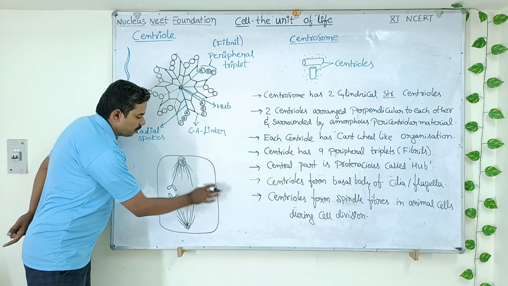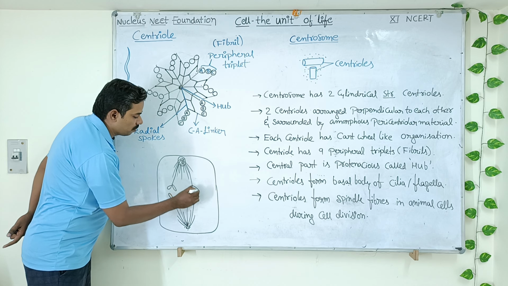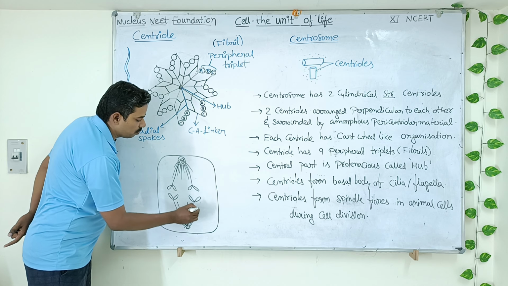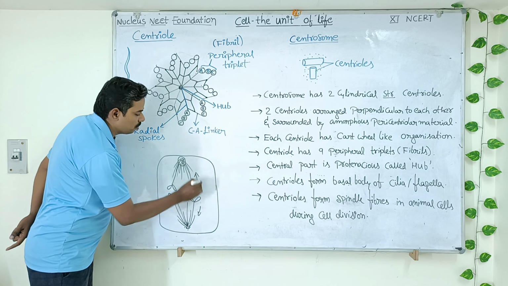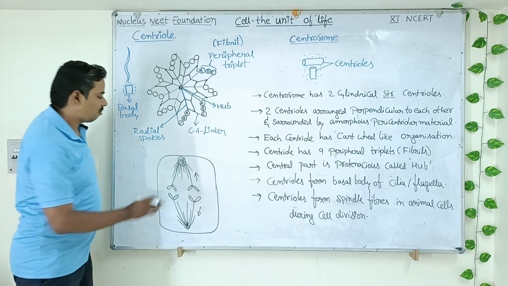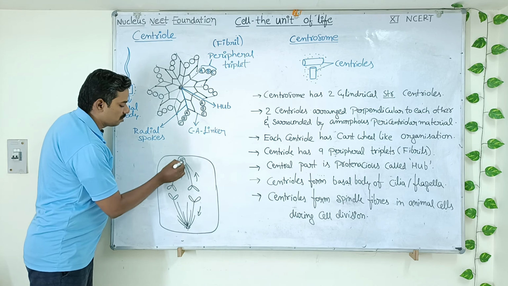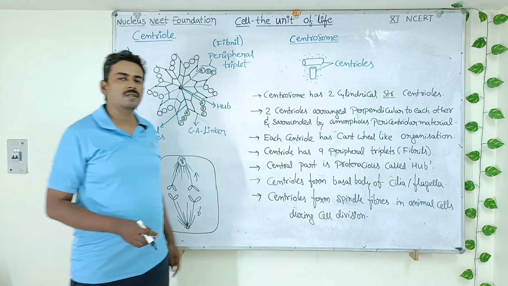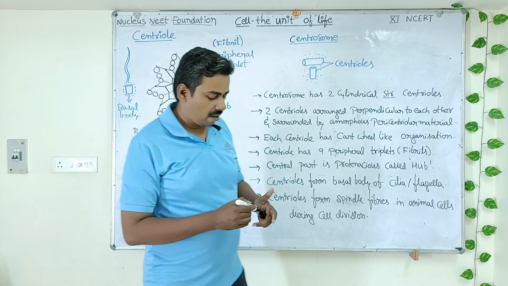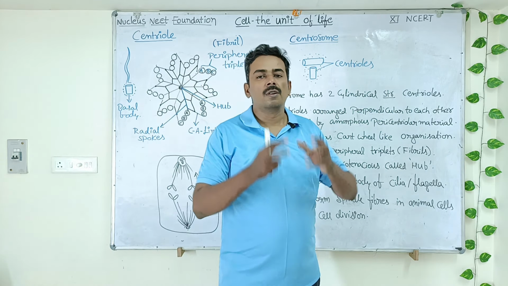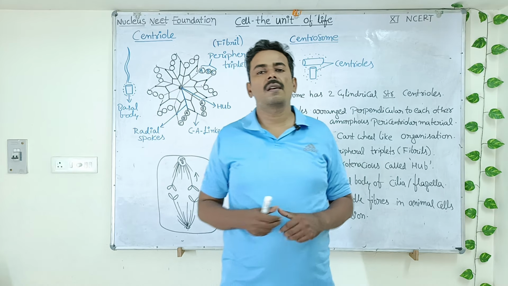Each chromosome will split to form 2 chromosomes, and these newly formed chromosomes start migrating towards opposite poles. So this is the function of the centrosome. They help in formation of the spindle apparatus, and the spindle apparatus will help to separate the chromosomes towards the opposite poles.